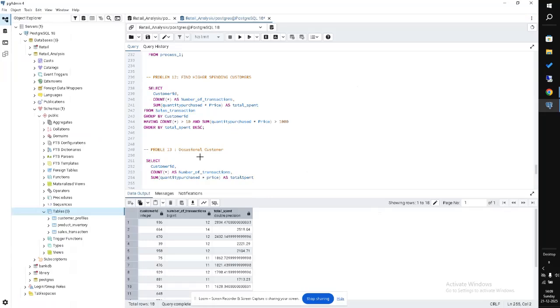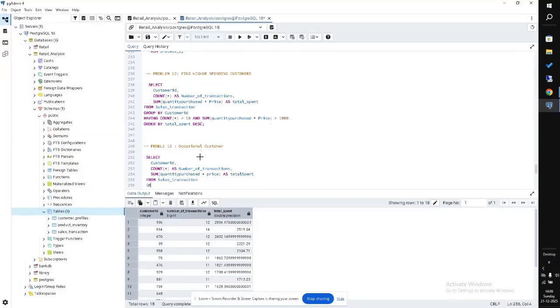Okay, then we will use from sales transaction group by customer ID.